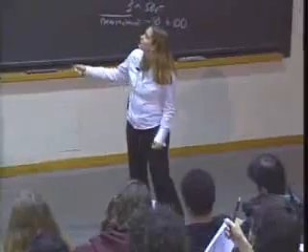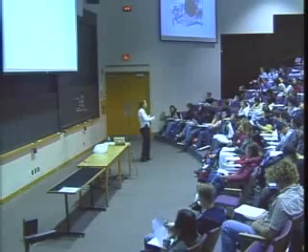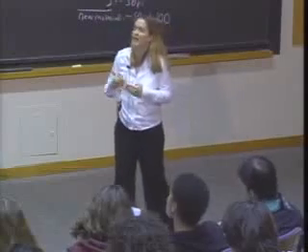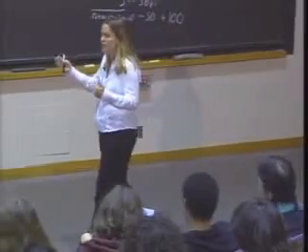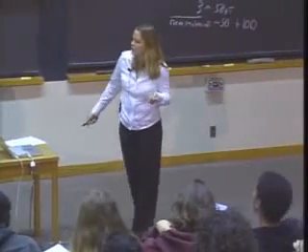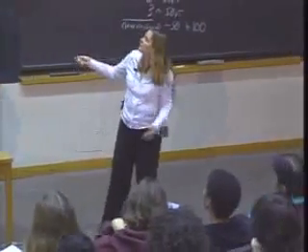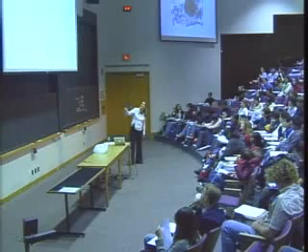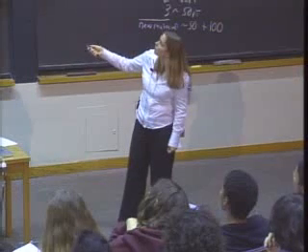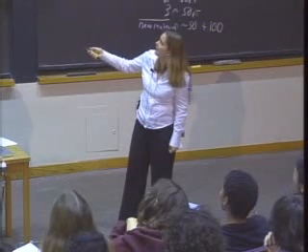So the next thing about rate laws is that the overall order of the reaction is simply the sum of the exponents, the sum of all the individual orders. So if your rate law was your rate constant k times A to the 2 times B, what order in A?